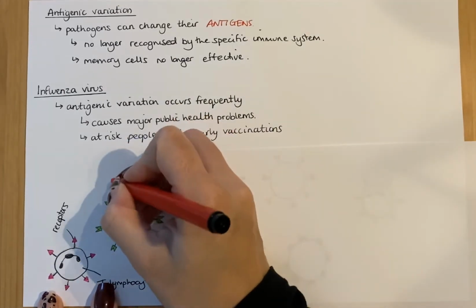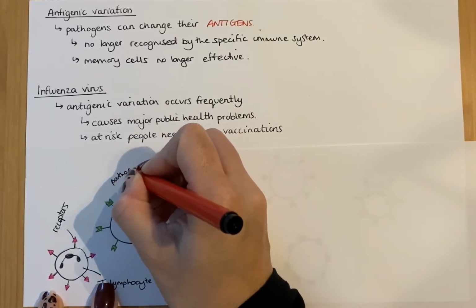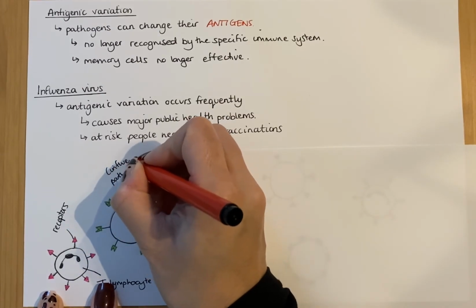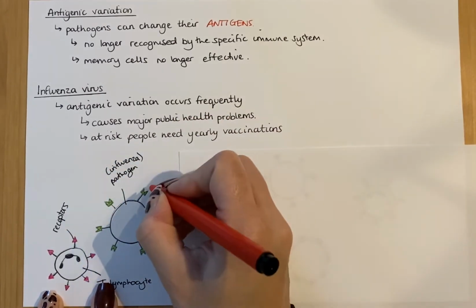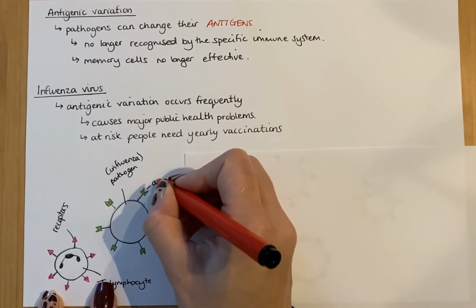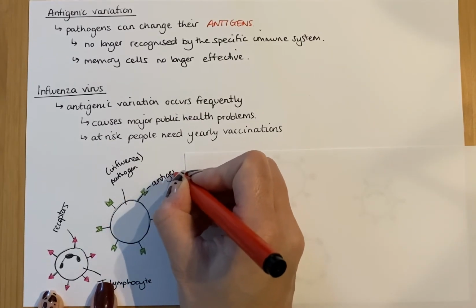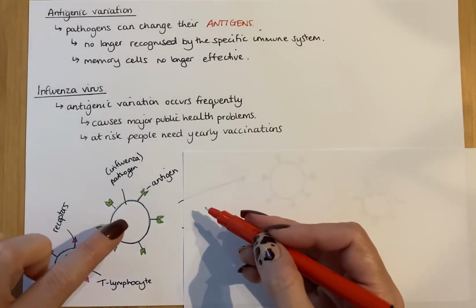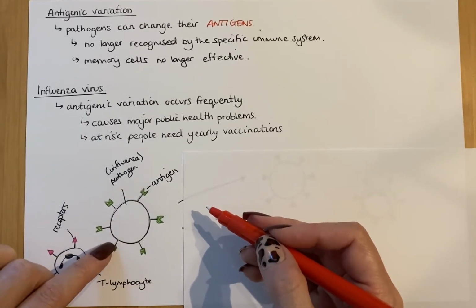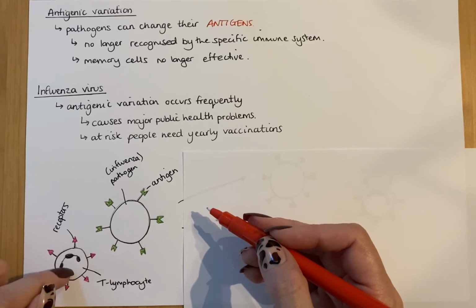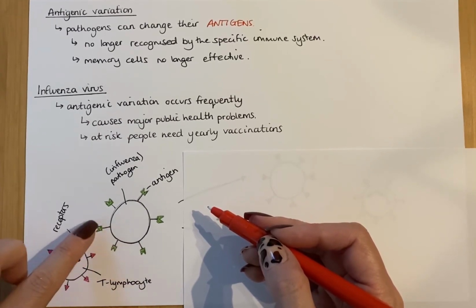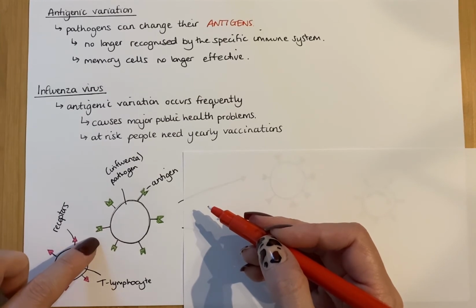So this is a pathogen, and in this case specifically influenza. And this is its antigen. Now, if you're vaccinated against this strain of the flu, your body will produce these T lymphocytes and it will destroy this strain of the flu with these antigens on it.